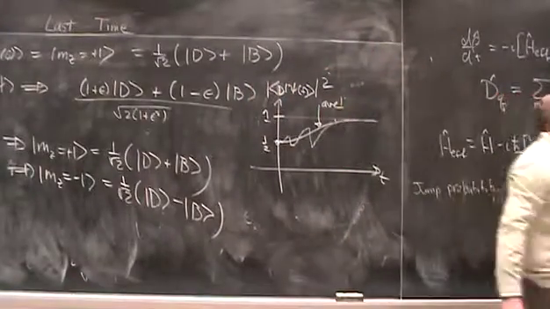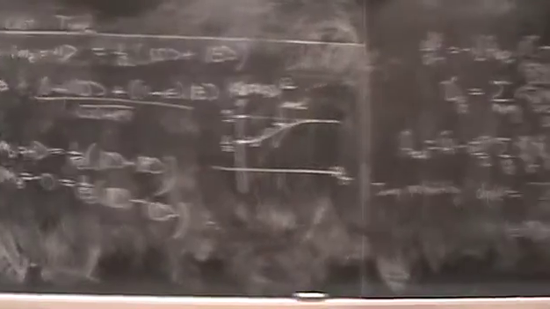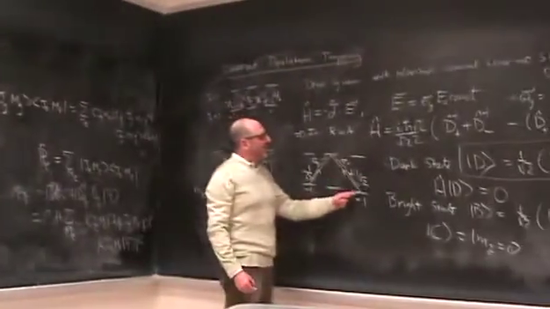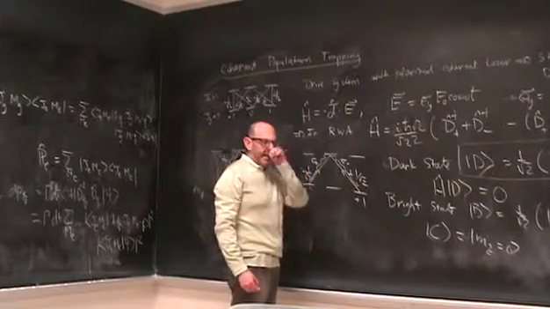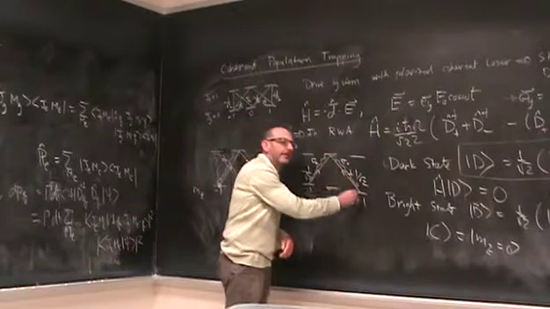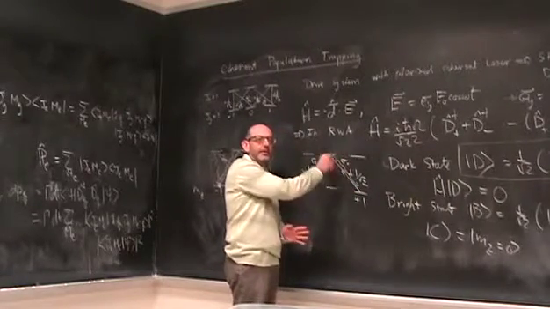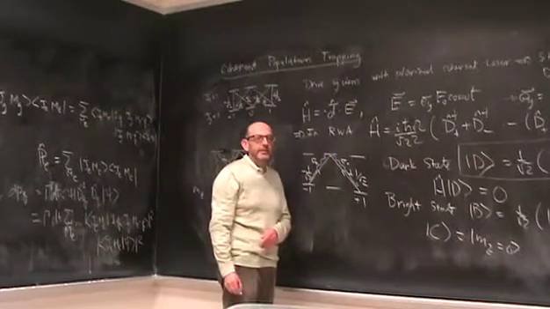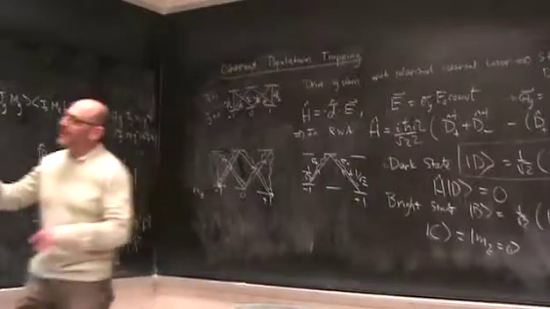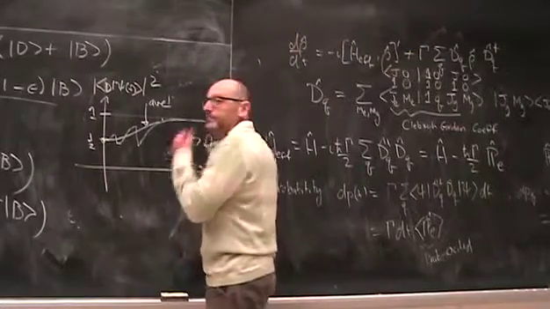But Jonathan is correct that if your Rabi frequency was very big compared to your spontaneous emission rate, you would go into the excited state with high probability, so it would oscillate back and forth before it would spontaneously emit. But I'm looking at the particular case here where gamma is bigger. Okay.